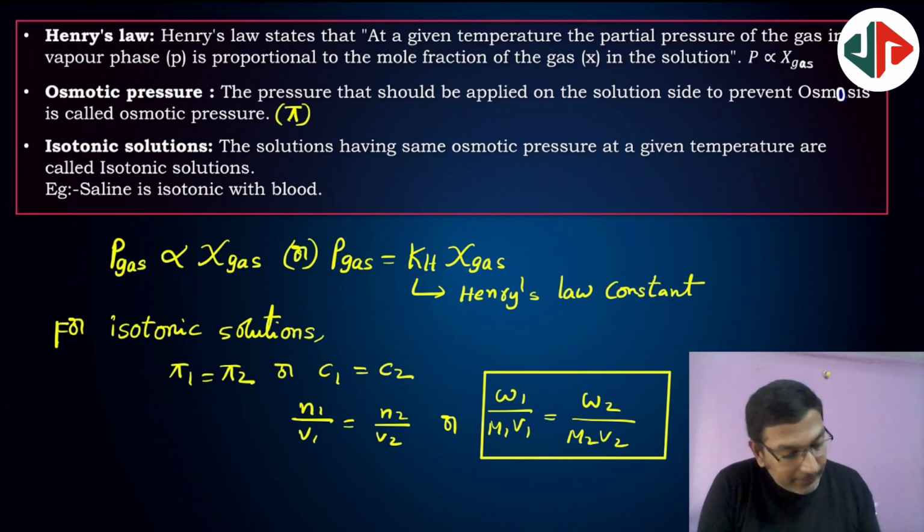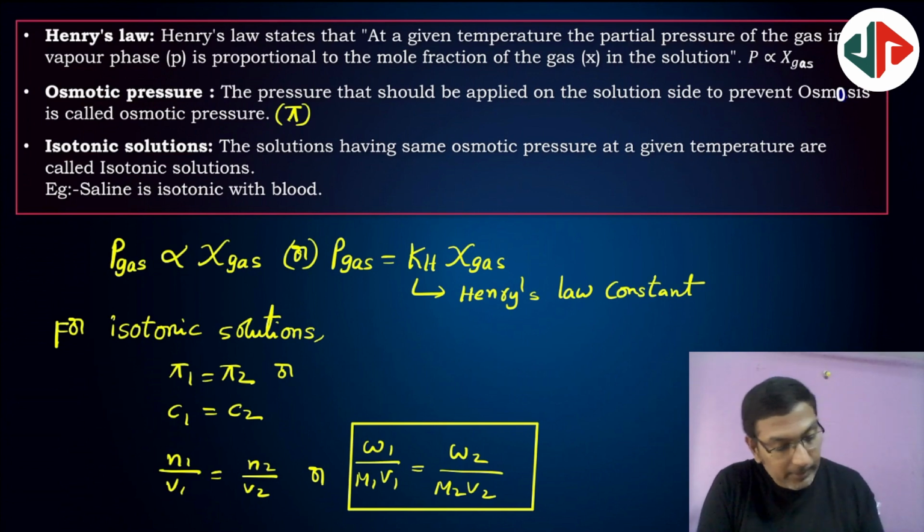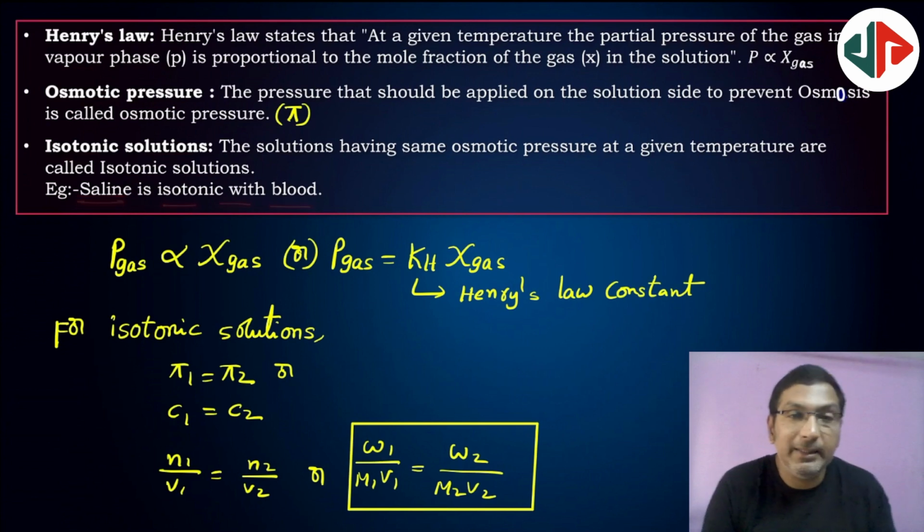Isotonic condition: pi 1 equal to pi 2, C1 equal to C2, that implies n1 by V1 equal to n2 by V2. So n is number of moles, V volume, W weight, capital M molecular weight. Next, saline, that means NaCl is isotonic with blood. Remember this example. That means both are having the same osmotic pressure at a given temperature.